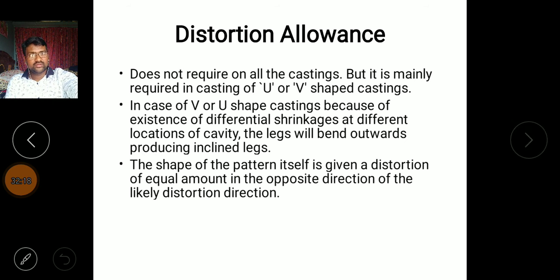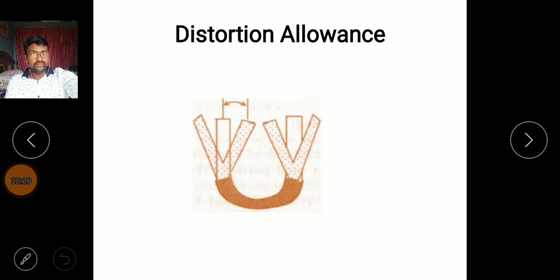Distortion is observed in this diagram. It is the actual shape of the pattern. After completion of the casting process, in some cases the shape of the U will go inwards, and in some cases outwards. In that case, we have to provide the distortion allowance.